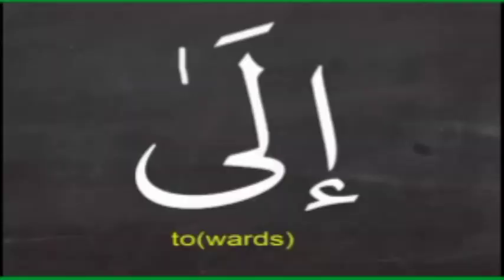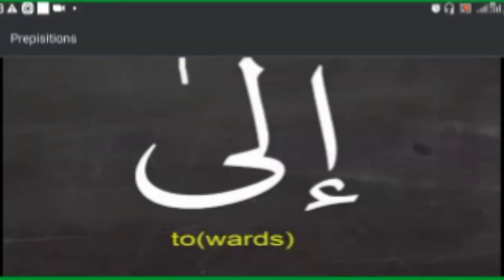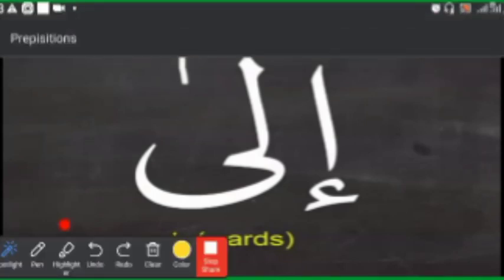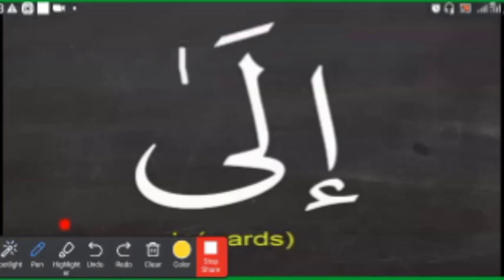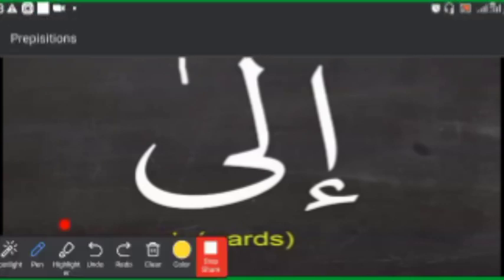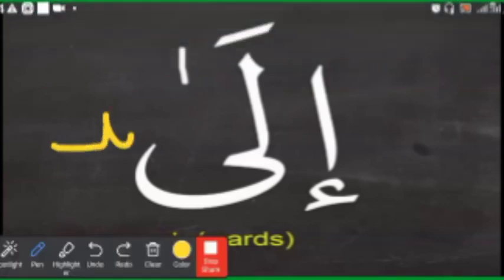The next word is ila, and ila means towards. In Urdu we say tak. So ila can also be combined with object pronouns.